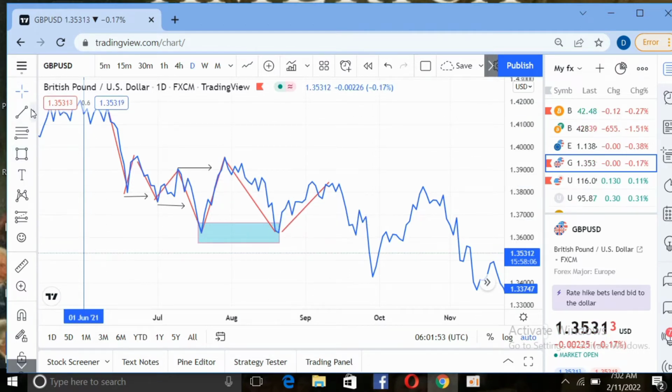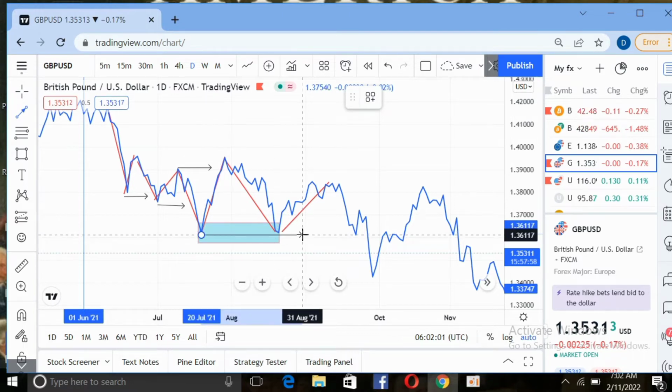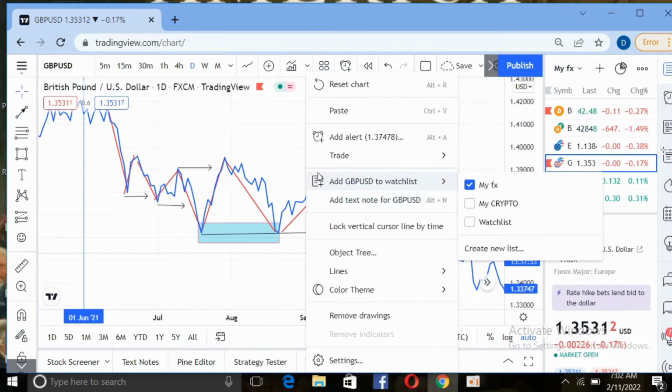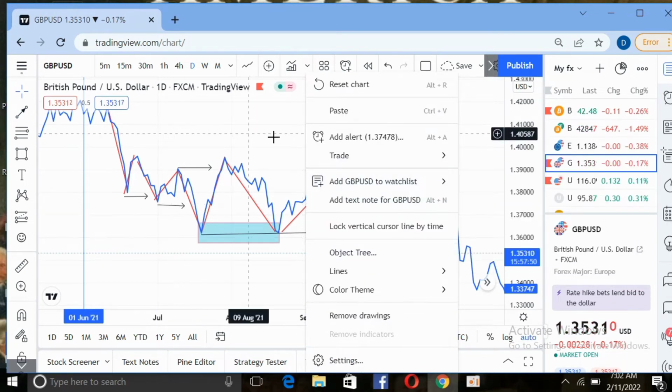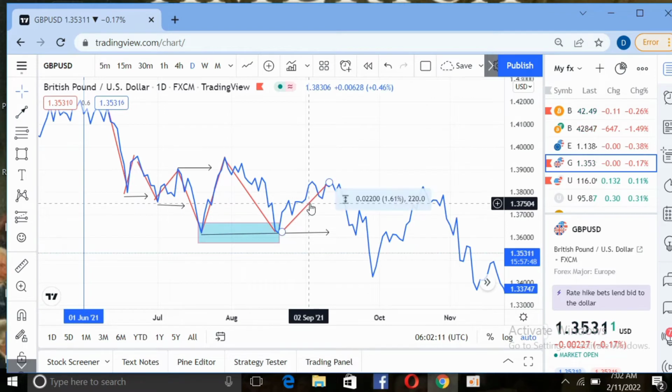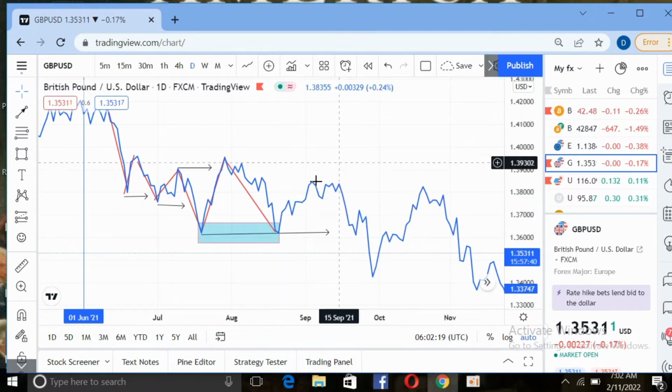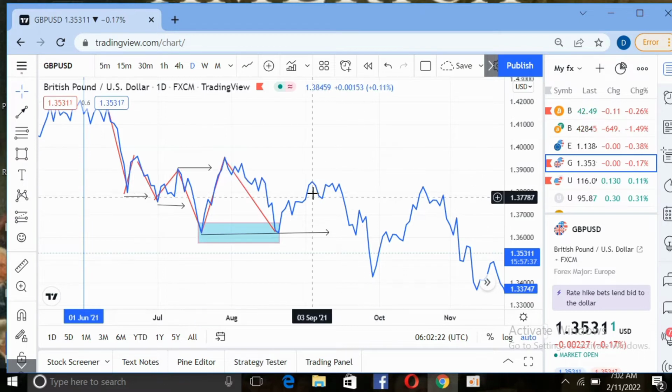When price took out this equal lows here, something occurred, which is a break of structure. This one also would have the structural highs and low. Sorry to say, this one's not significant yet because it didn't give us a highs which we are anticipating, so it's not valid.